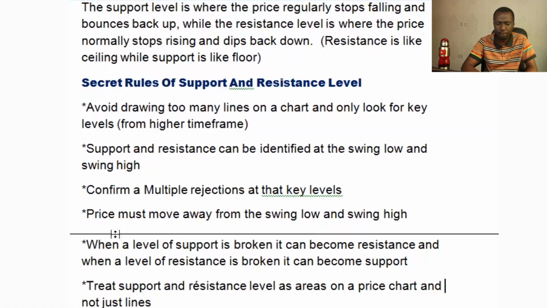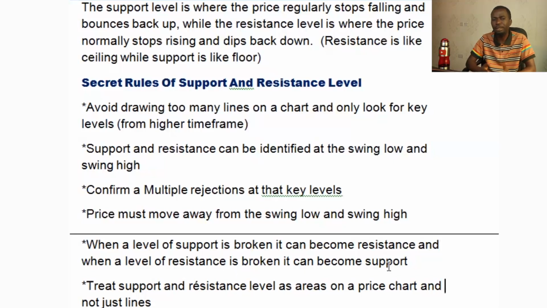So the next one here, we look at price must move away from the swing low and swing high. Just what I've explained, price must move away quickly from the swing low and the swing high for you to confirm it as a strong support or resistance level, not when price is ranging at those levels. Then we'll talk about when a level of support is broken, it can become a resistance, and when a level of resistance is broken, it can become a support.